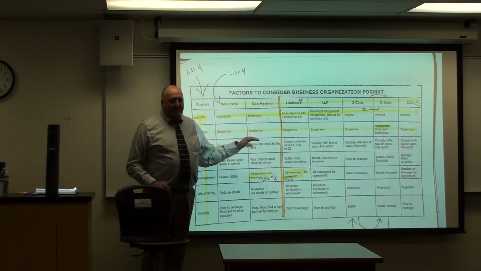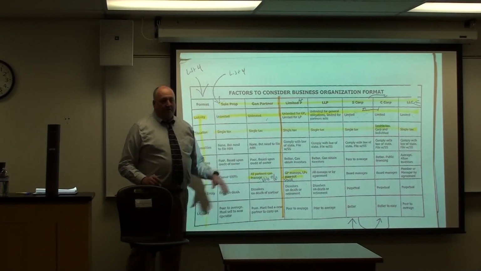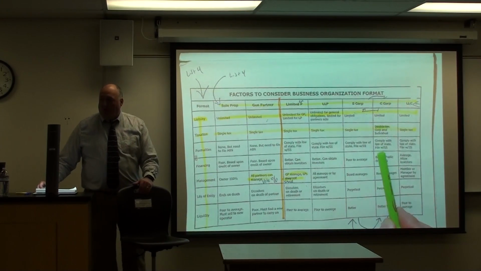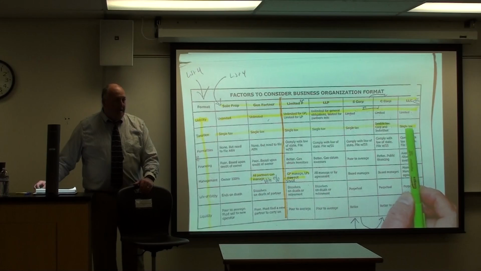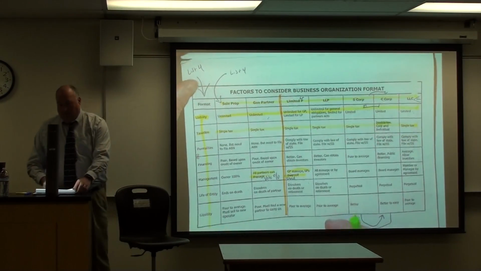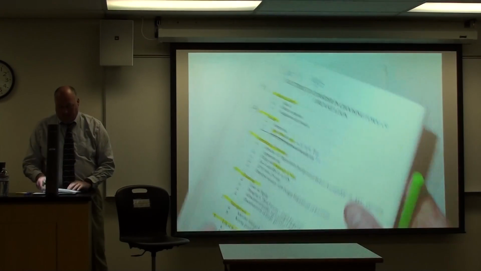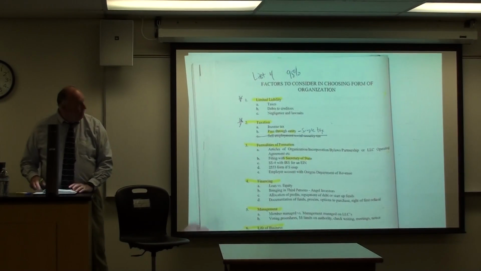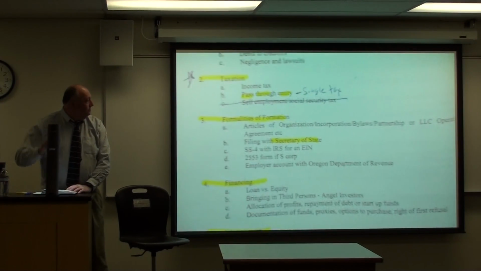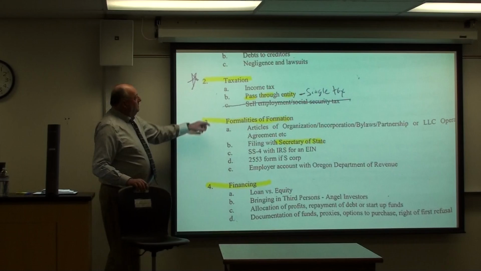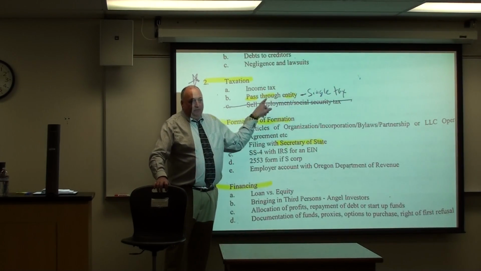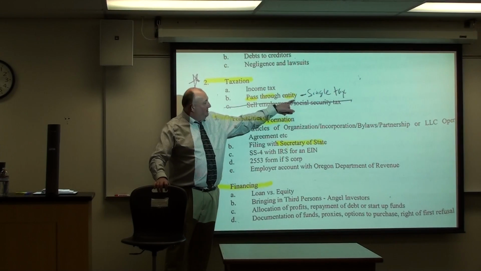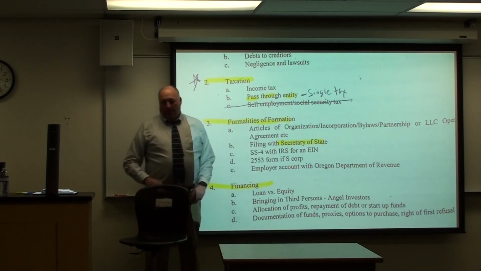So for this class, all of the business structures other than a C Corp are what we call a pass-through, single level tax. Now, I want to show you a term real quick. Page 81. Pass-through entity, pass-through tax.